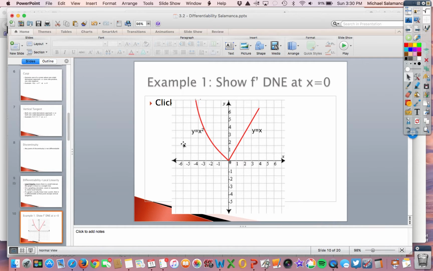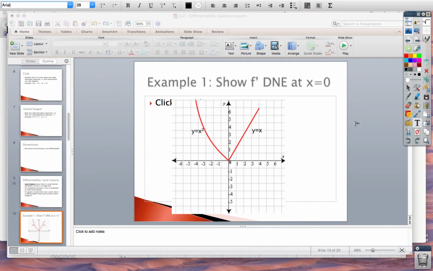Just in the interest of time, I'm going to find the derivative for the left side already, which I know that y prime equals 2x, and I know that the derivative on the right side is y prime equals 1. Now if we're taking a look at this at x equals 0, I know that y prime is equal to 2 times 0, which is equal to 0. And I know that y prime here is just equal to 1.